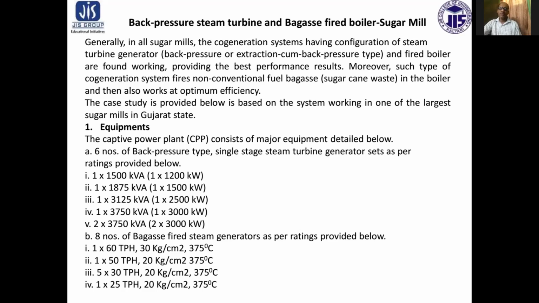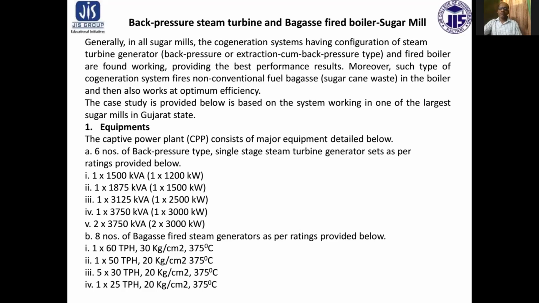In this type of mill, electricity is generated as an auxiliary, but first steam is required as heat. The case study provided below is based on the system working in one of the largest sugar mills in Gujarat state.